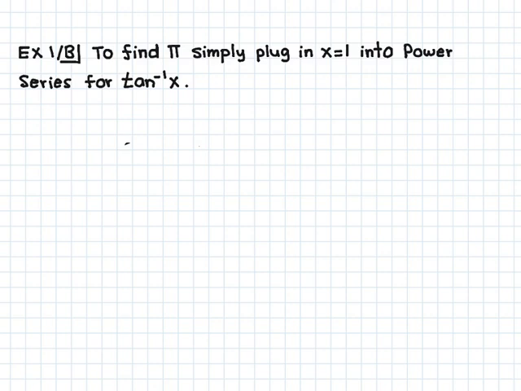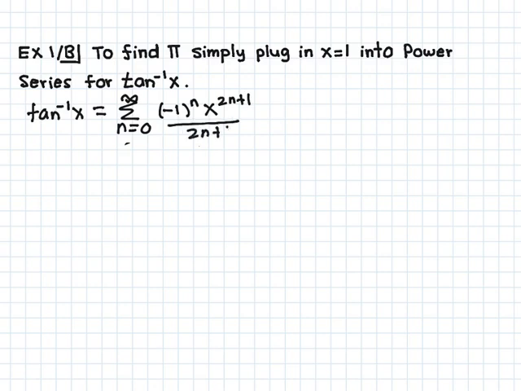All right, part B. In this case, we want to find pi. So we're simply going to plug x equals 1 into the power series for tan^-1 x. We have tan^-1 x equals the summation from n equals 0 to infinity of (-1)^n x^(2n+1) divided by 2n+1.